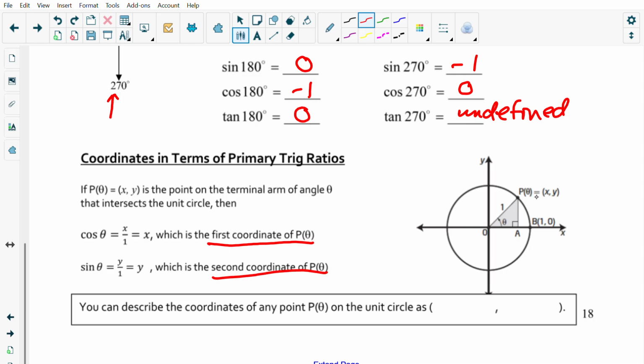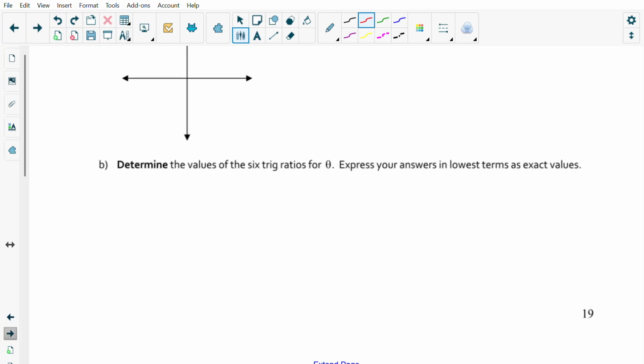So P of theta on the unit circle is just (x, y). You can describe any point P of theta on the unit circle as (cosine of theta, sine of theta). Very handy, it's your x and y values on the unit circle. Next page.